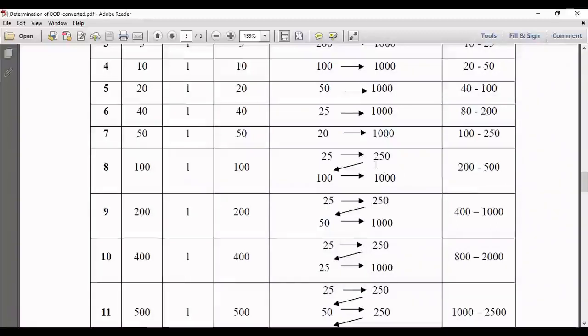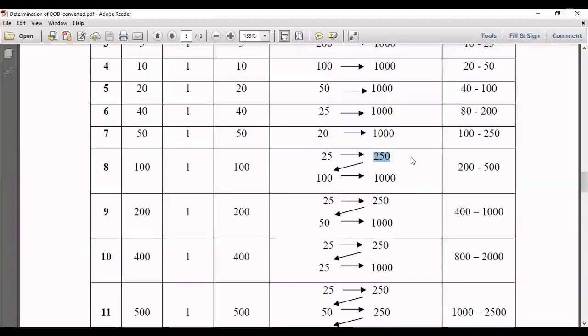Firstly, we are going to take a 250 ml measuring cylinder, and we are going to add 25 ml of our wastewater sample, right? So 25 ml of wastewater sample is added into the 250 ml measuring cylinder, and the rest, 225 ml, we are going to fill with distilled water to make a total volume of 250 ml, right?